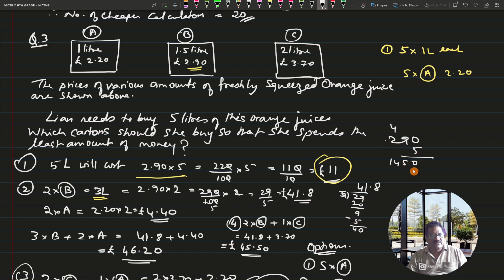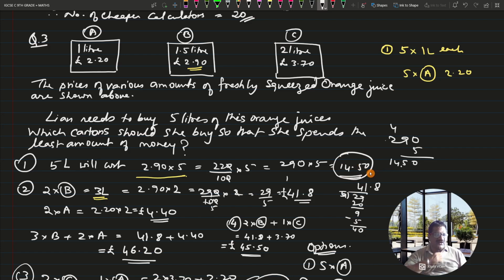So it should work out to 14.50, not 11. This is the money which Leon will have to pay if she takes 5 pouches of A type.